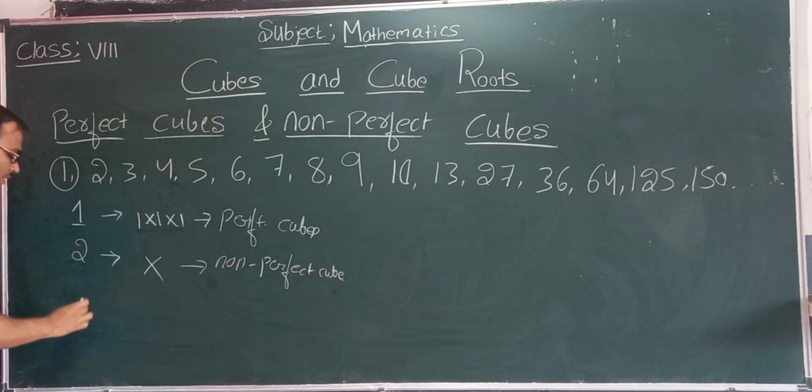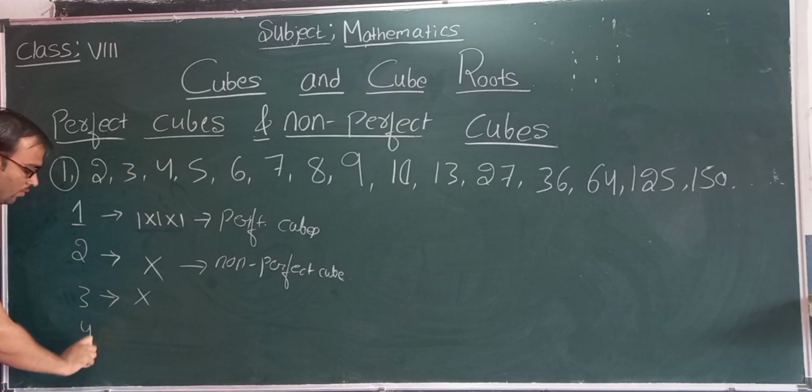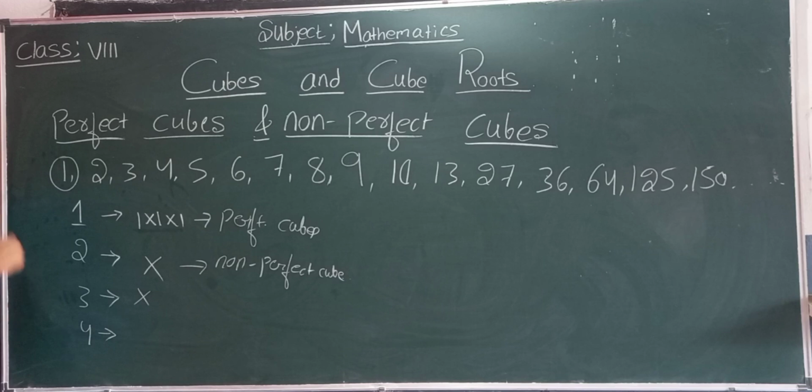Now look here, students. 3. Is there any such number that when we multiply that number 3 times, we are getting 3? No. Again, there is no such number. Now 4. Again think, is there any such number that when we multiply 3 times, we are getting 4?